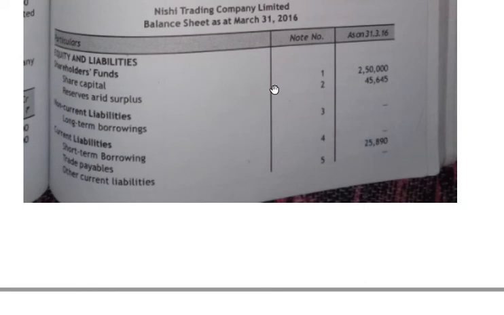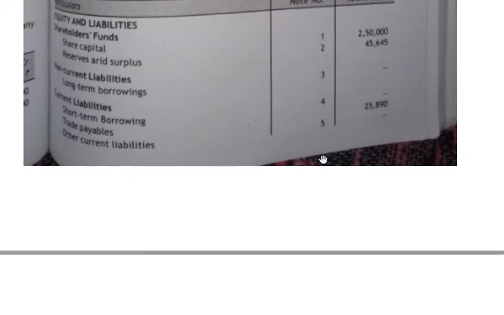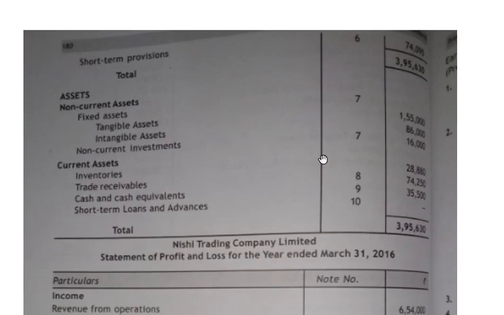Non-current liability, under that we have long-term borrowings, working note number 3, nil. Current liability, we have short-term borrowings, working note number 4, nil. Trade payables, directly we will take the amount, which is your creditors 25,890. Other current liabilities, working note number 5, which we have nothing. Short term provision is working note number 6, 74,095.